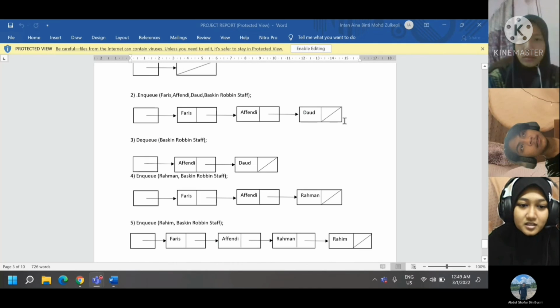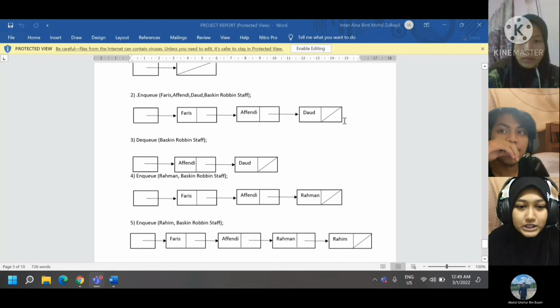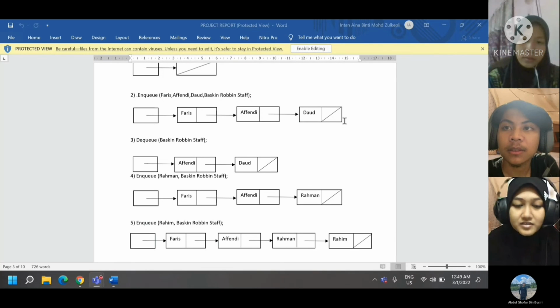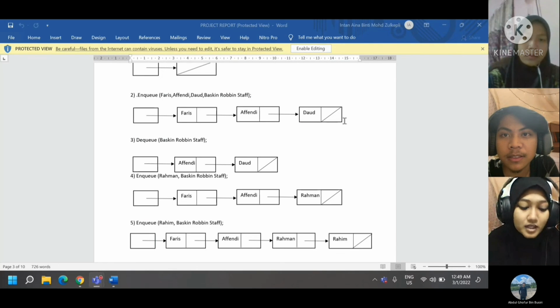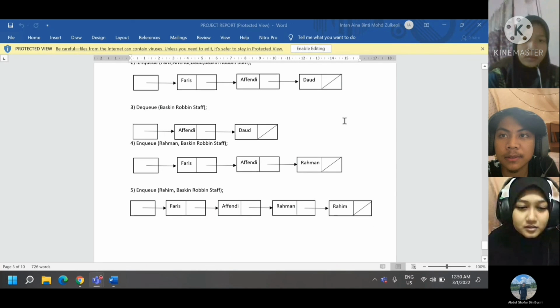For number 3, dequeue, because Faris was the first person going up from the line. For number 4, enqueue Rahman, Baskin Robbins staff, because Rahman came together to the cafe with Rahim.